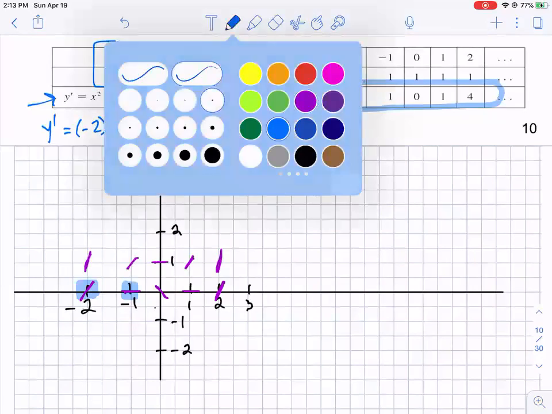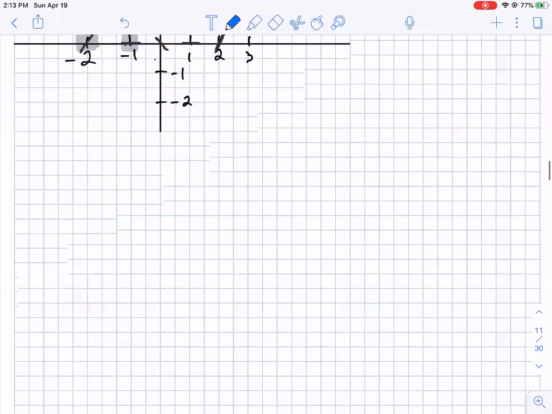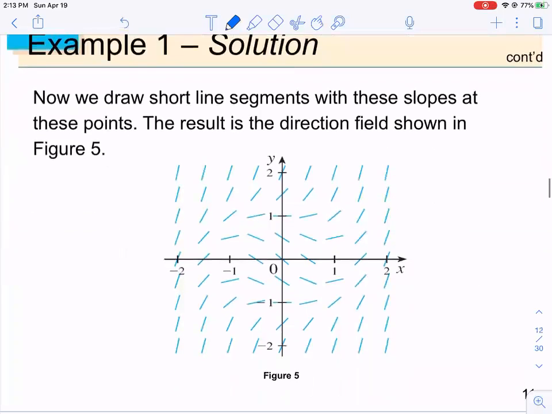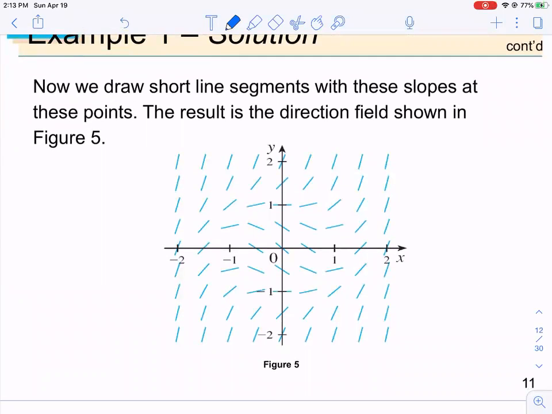Okay, so that's just a couple of them, and they just keep going, and that's how you would sketch it, but that's what it would look like with all of them drawn. So we had this one drawn, we had this one drawn, we had all of these ones.